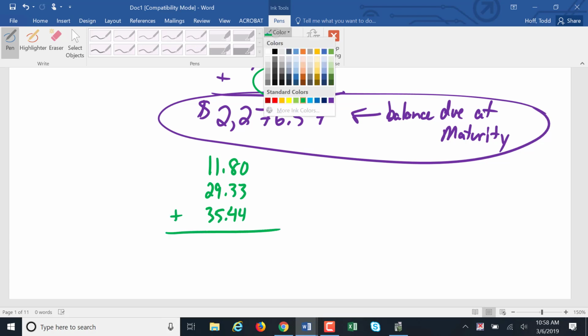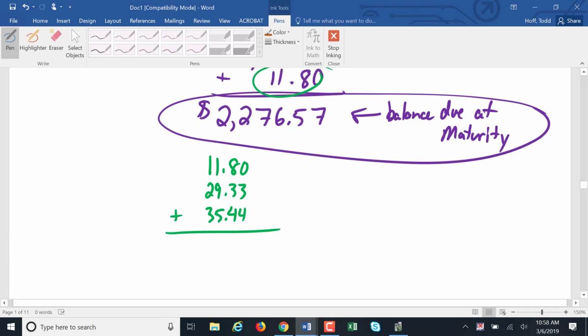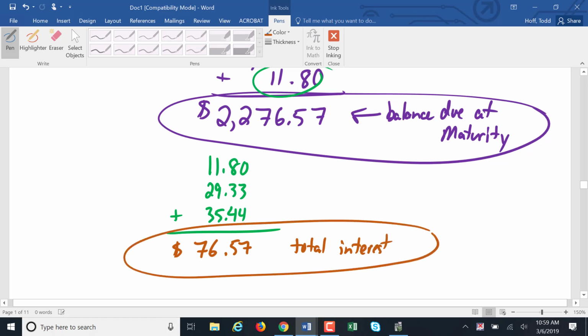Adding those all up, we get a total of $76.57 total interest. So that is using simple interest as applied to partial payments on a note.